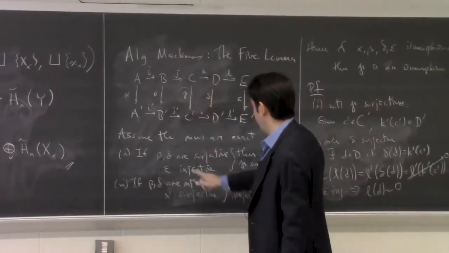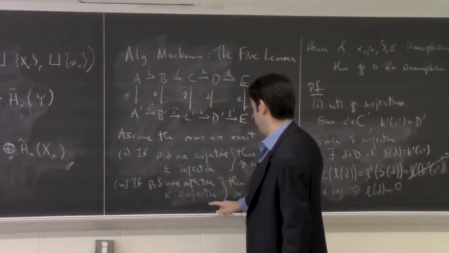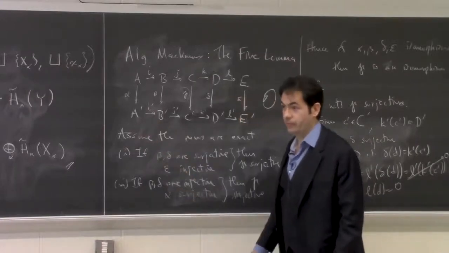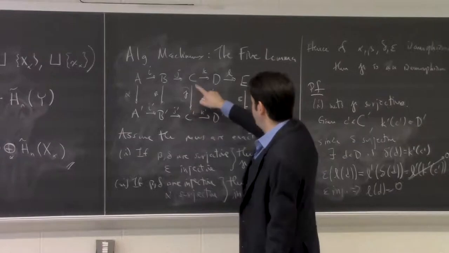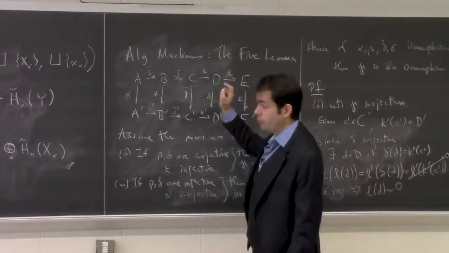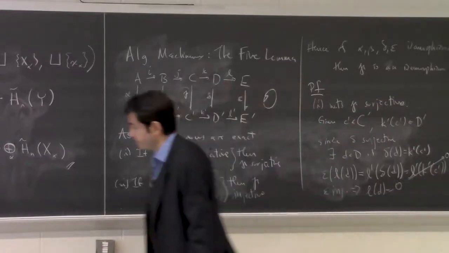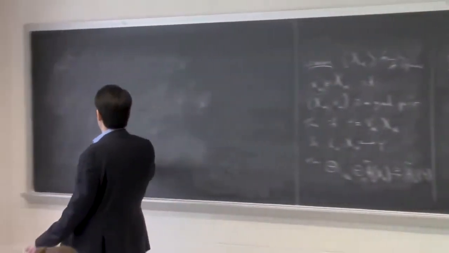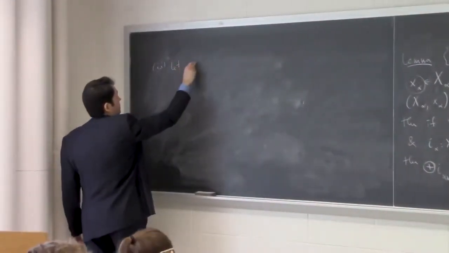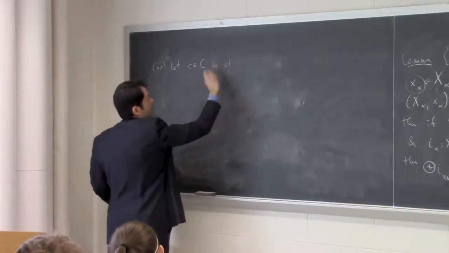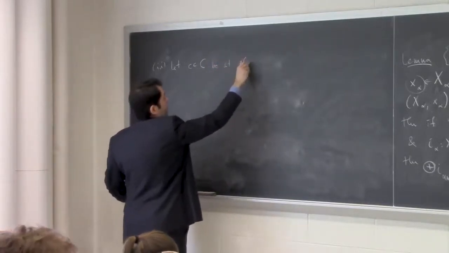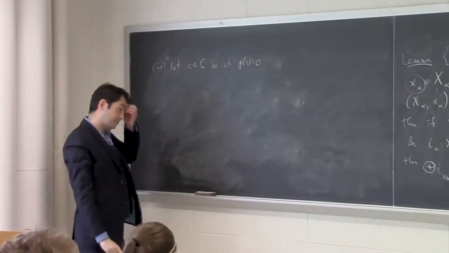And so we know that beta and delta are injective and alpha is surjective. Okay? So it's a homomorphism. We want to show it's injective. We just need to show that if you're in the kernel, you're 0. Right? So let c in C be such that gamma of c is equal to 0.